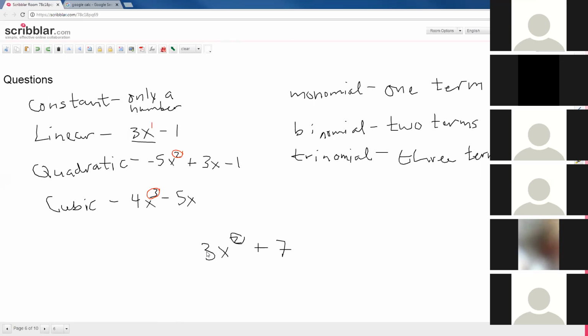We actually don't care about the number in front of x squared. So the other answer is quadratic, which is correct. The little 2 means quadratic. But I can see where you got cubic from because there is a 3 here. So quadratic's the first part of the name, and then by the number of terms, how many terms are there?